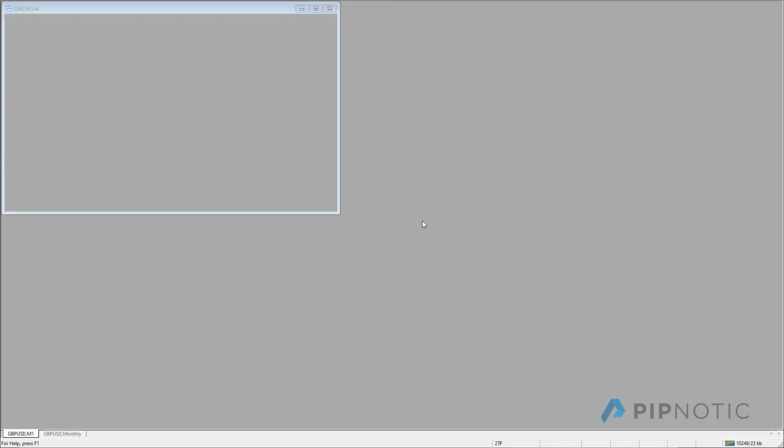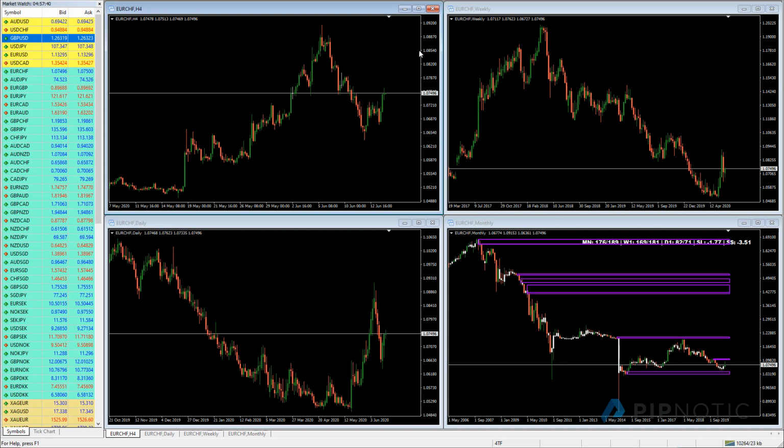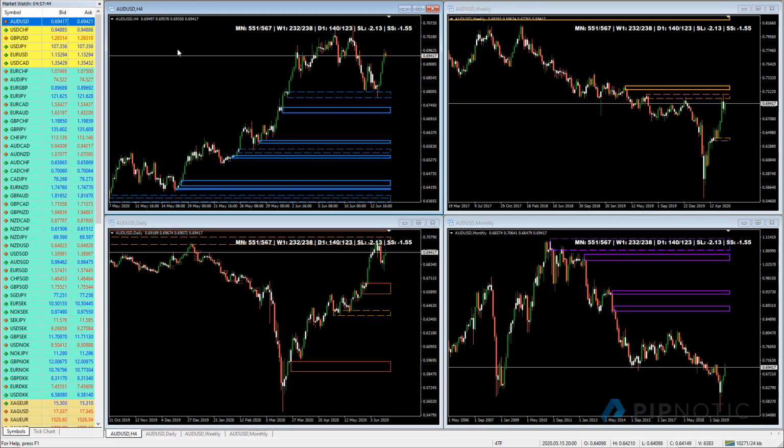I'm going to go to this chart now, and this is my macro to micro view. And if I go here on the Australian dollar, American dollar, 4 hour, daily, weekly, monthly, I can see 4 different time frames on the same window.